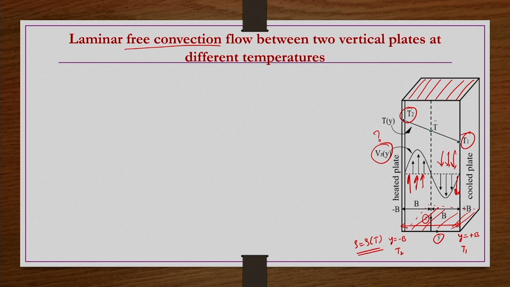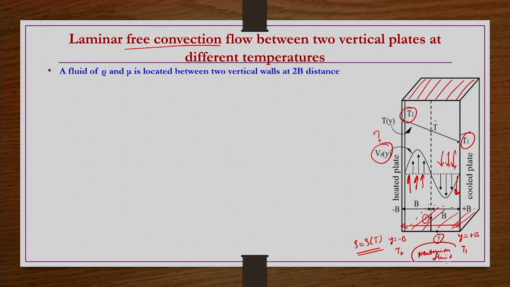Whatever details are listed in the figure: a fluid of density rho and viscosity mu is located between two vertical walls at 2b distance. For simplicity, as a first problem we are taking only a Newtonian fluid, so that we can solve the problem easily, because it is the first problem on non-isothermal flow of fluids.